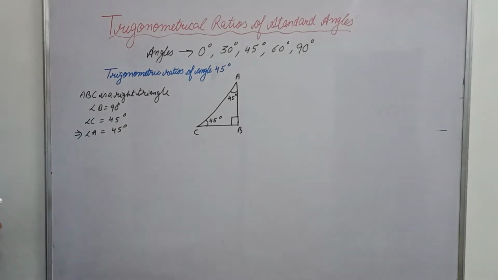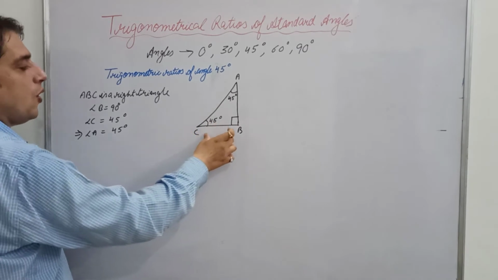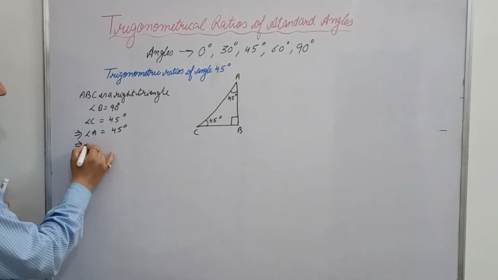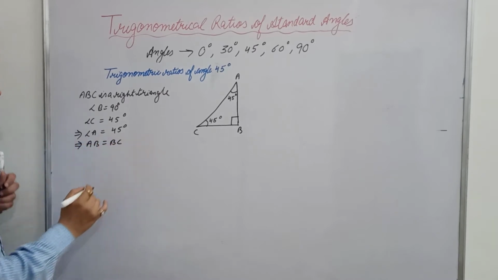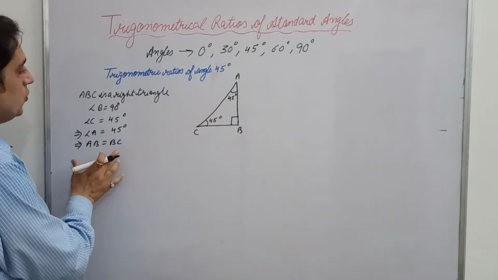So when these two angles are equal, their opposite sides are also equal. So you can say AB is equal to BC, because the sides opposite to equal angles are equal.